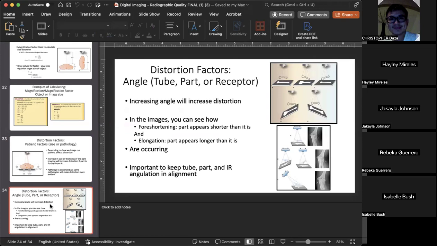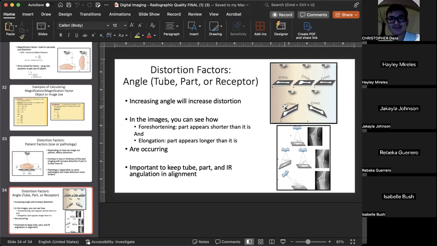The last thing we're going to go over today is the angle. We talked about how magnification plays in. With this, increasing the angle will increase distortion. That's what we know, because if your part is not in alignment with the plate or with the tube, you can get a distorted image.